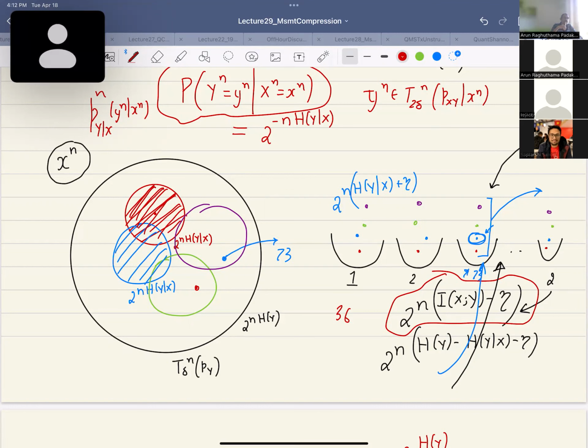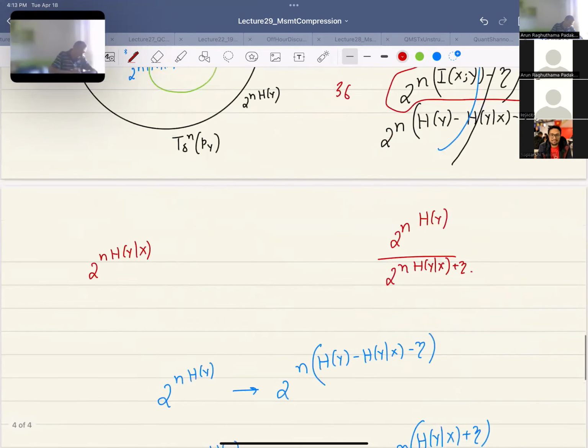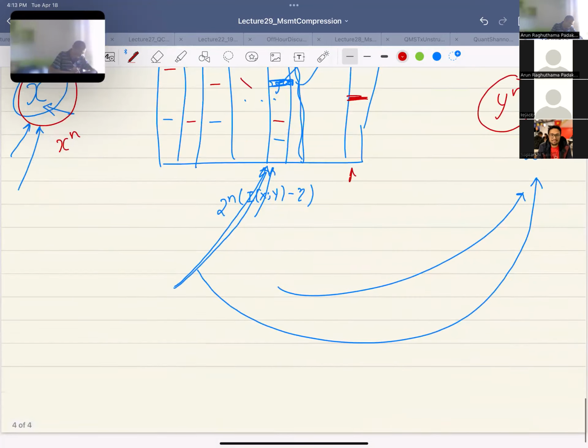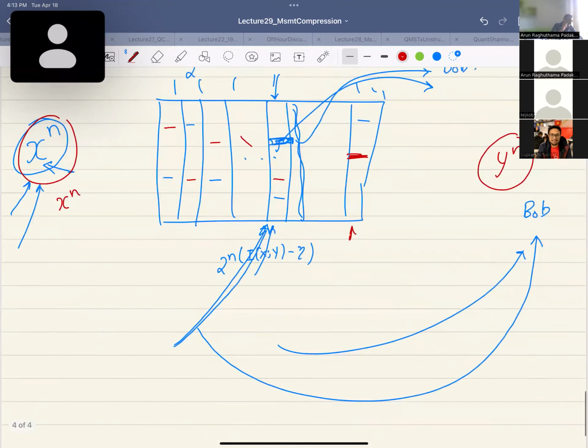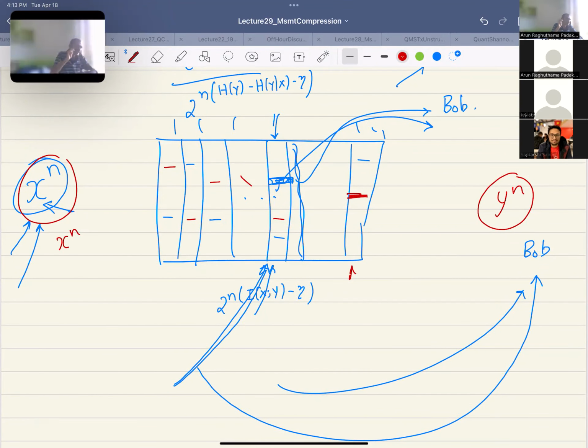Oh, okay, both of them know the random bin which has been picked. Yes, both of them know the random bin that has been picked. So what does Alice send to Bob exactly? Alice sends the index of the sequence in that bin that is jointly typical with the xn she sees.